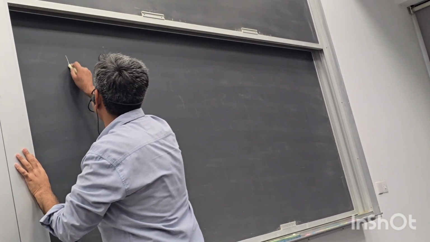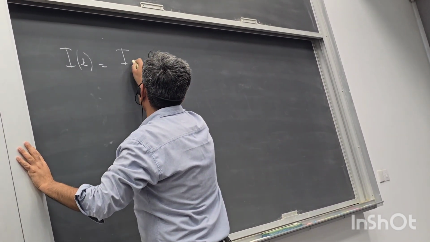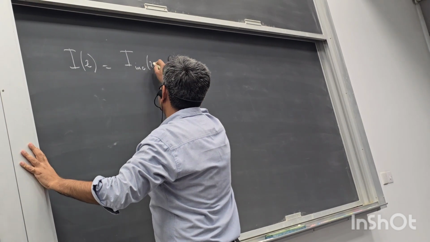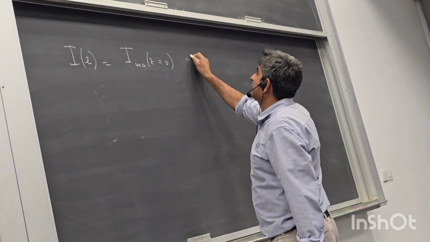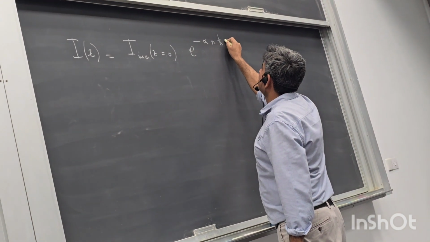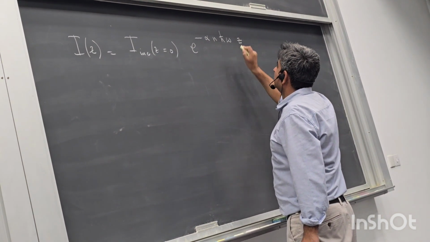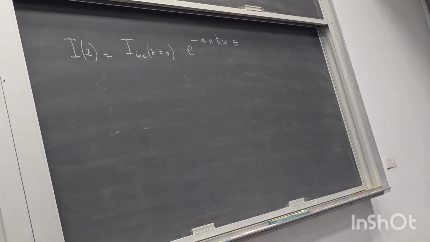I, as a function of z, is some incident intensity at z equals 0, times exponent minus alpha n h bar omega z. Correct? It's a single derivative.